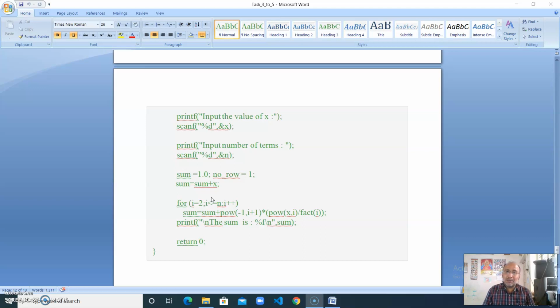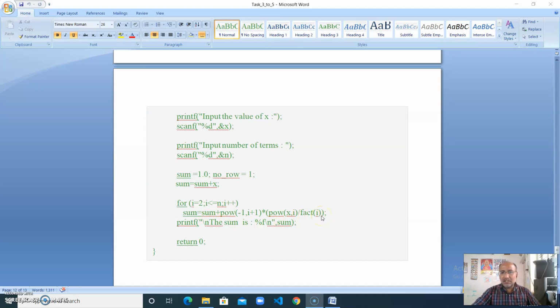The sum equals sum plus the particular number. Understood? Okay. Next, printf %d sum, the resultant sum. This is the logic.